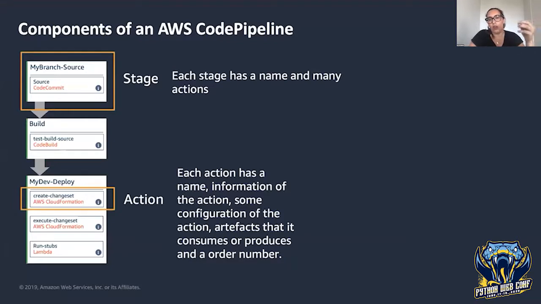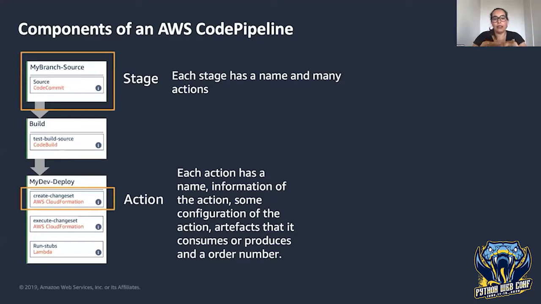And then when you are invoking those actions, you need to maybe give some artifacts and they will return you some artifacts. For example, CodeBuild is a service that will build you an artifact. So it consumes source code as a zip and it returns an artifact. So that is something we need to specify when we are configuring this.